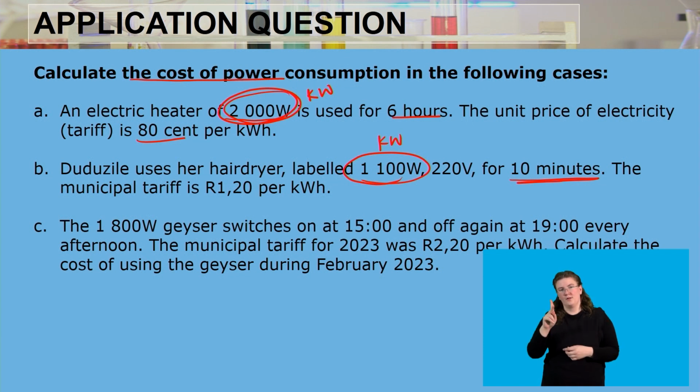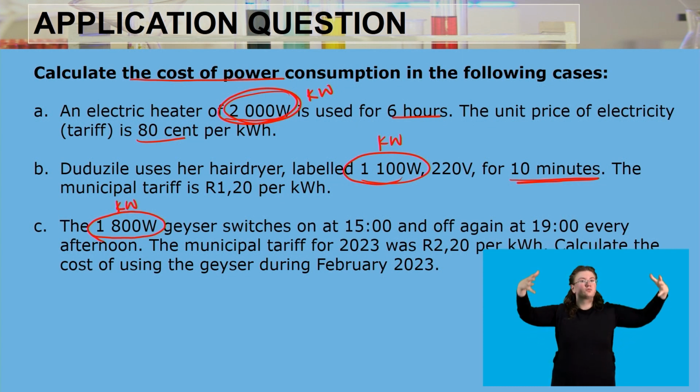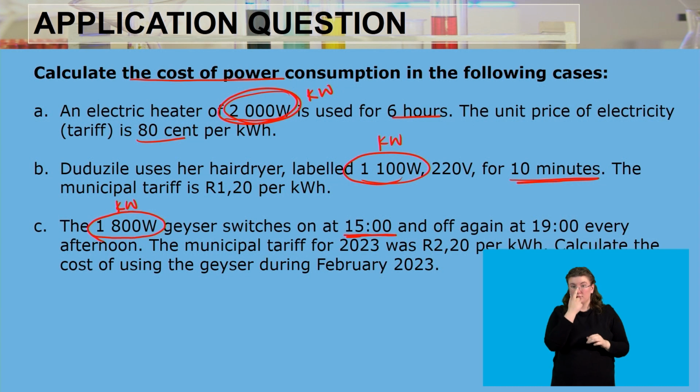And then the last case is the 1800 watt geyser. Again, this must be converted to kilowatts. The 1800 watt geyser switches on at 3 o'clock, at 1500 hours, and off again at 7 o'clock, which is 1900 hours, every afternoon.